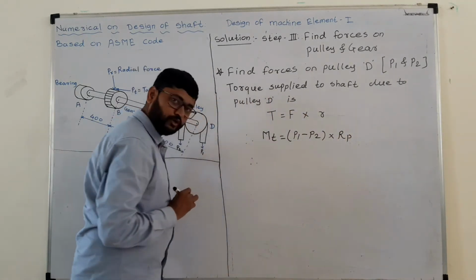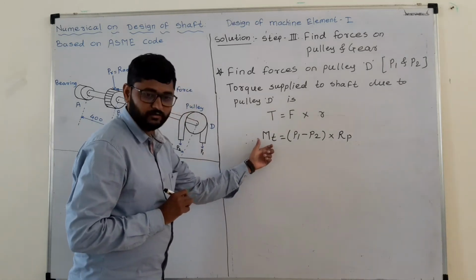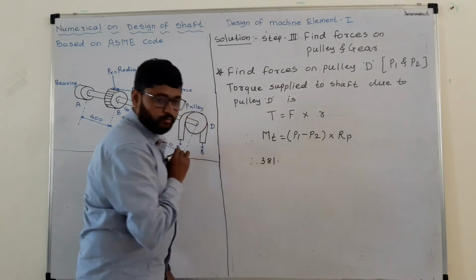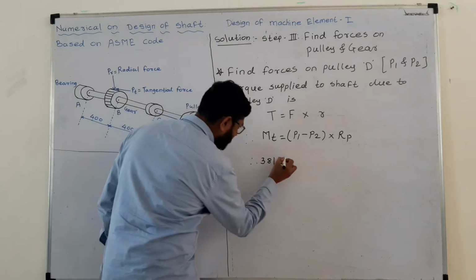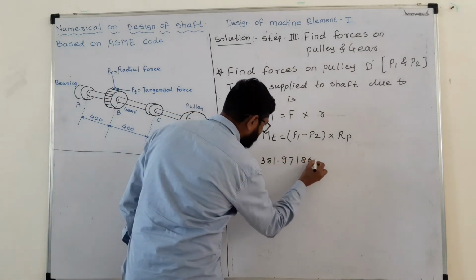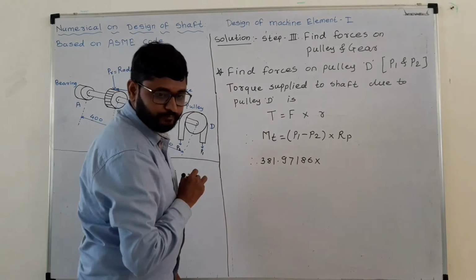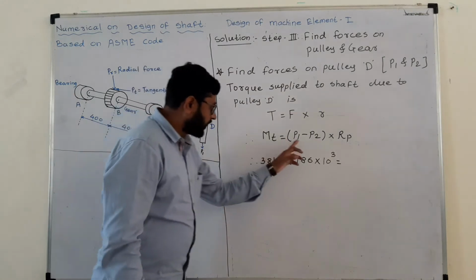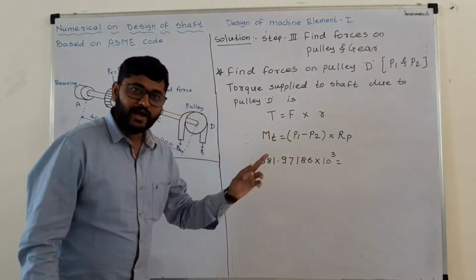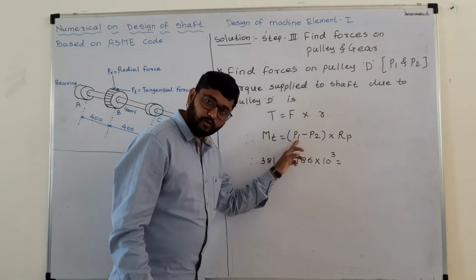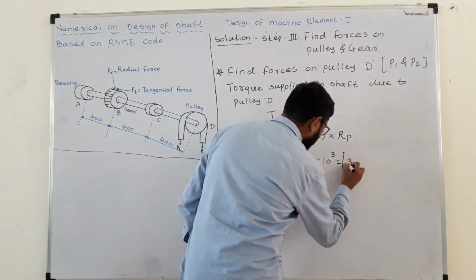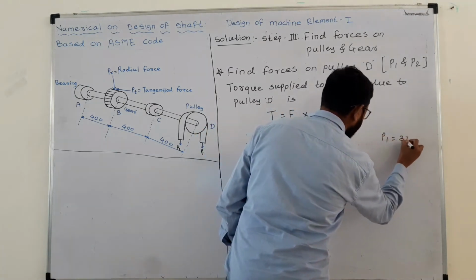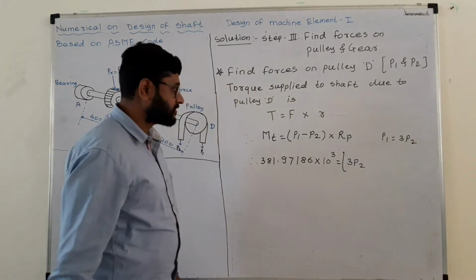So here we know that the torsional moment MT is equal to 381.9718 into 10 raised to 3, which is equal to (P1 − P2) times the pulley radius. It is given in the numerical that the relation for P1 is P1 equals 3 times P2.